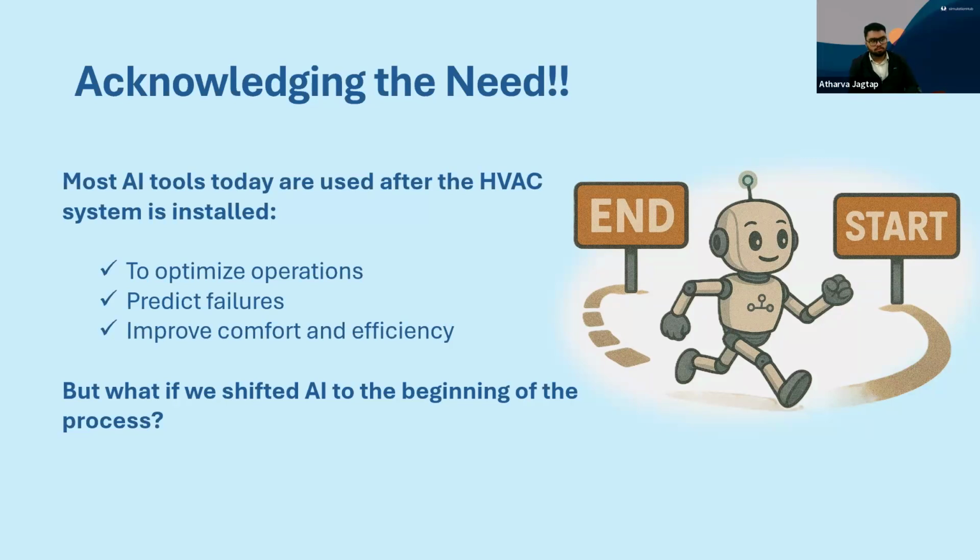What if AI plays a role before the design stage? AI could help decide the correct position of the air conditioner in a particular room or zone. That will be the shift of AI, shifting the approach from end to start, which is the shift we need.